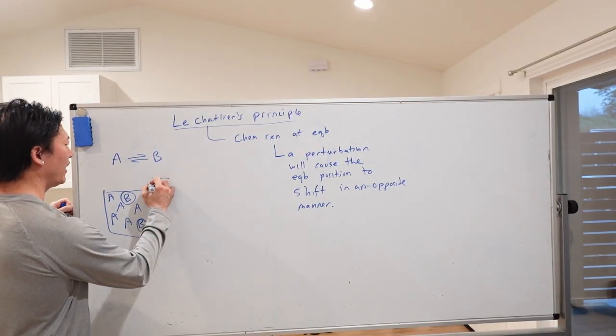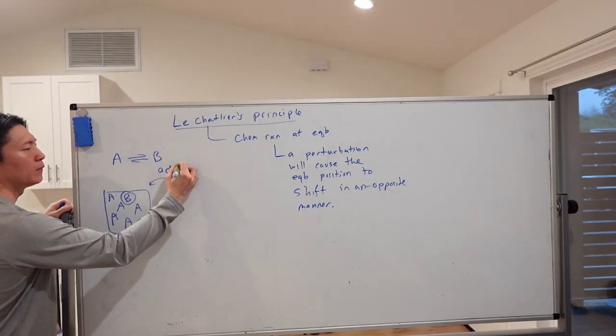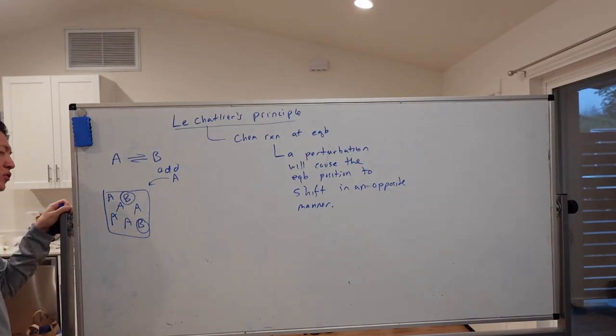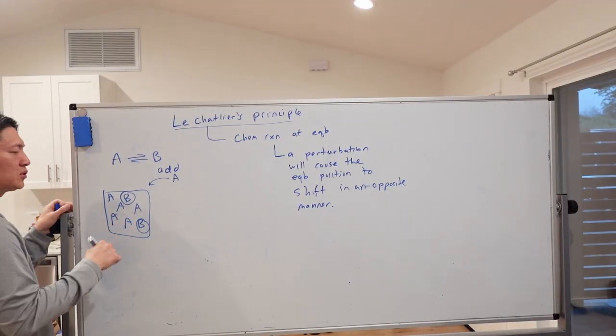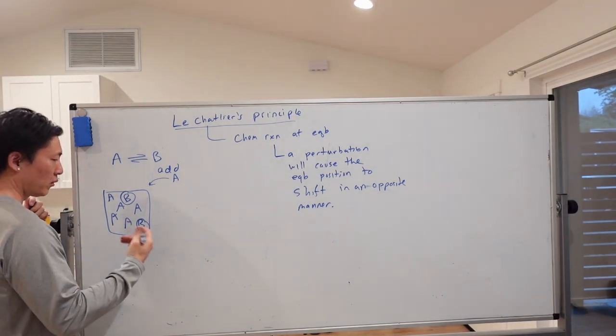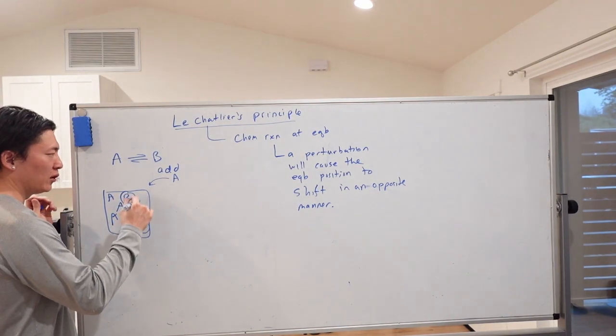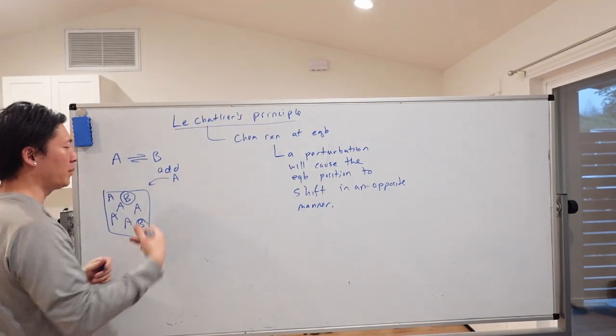I'm adding more A to this equilibrium system. What's going to happen is the system says, hey, there's too many A's now. We have to make more B's.